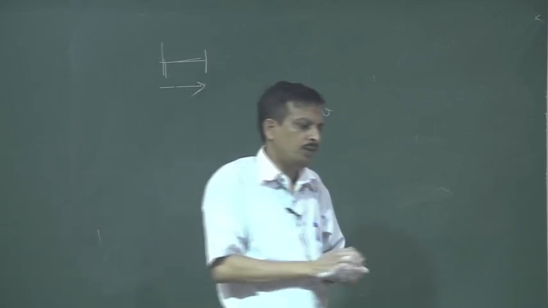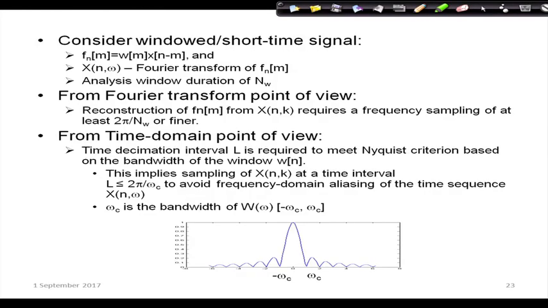This we know. So, considering the windowed short time signal, f_n(omega) is equal to w(n) times x(n), and X(n, omega) is the Fourier transform of x(n), with analysis window length Nw. From the Fourier transform point of view, reconstruction of f_n(omega), f_n(m), from X(n, k) requires frequency sampling of at least 2 pi by Nw.